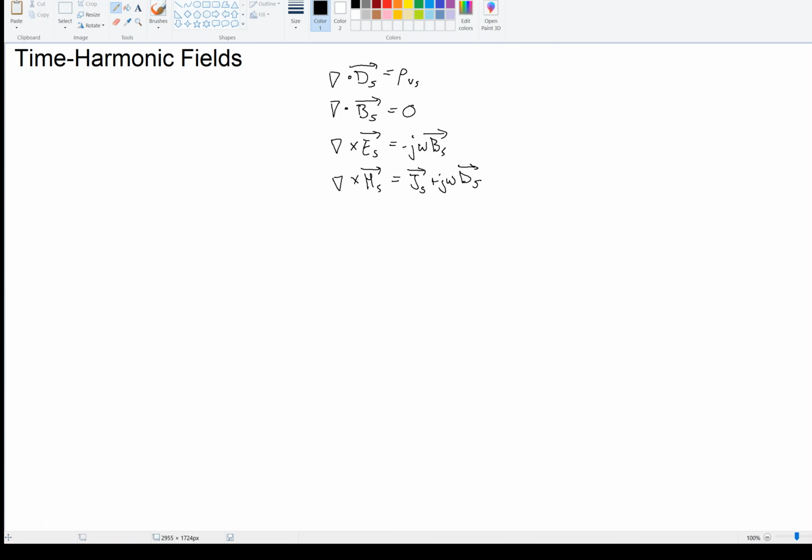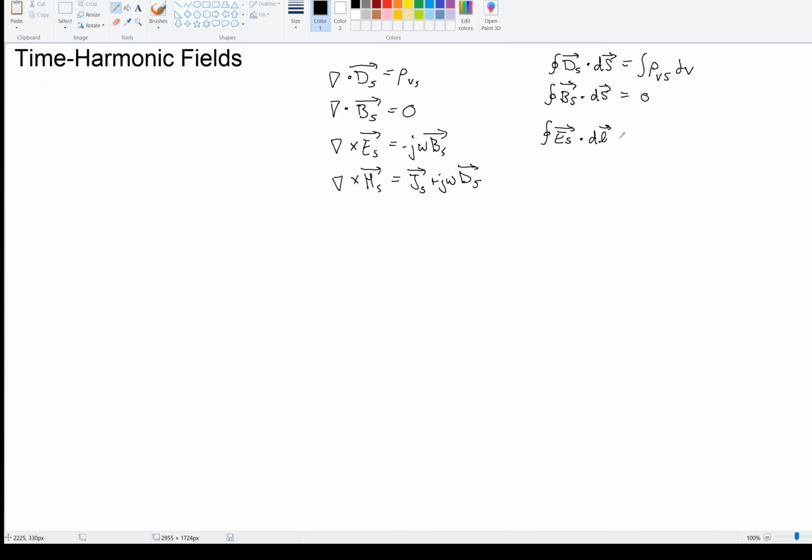In integral form, remember that we can also write Maxwell's equations in integral form. We would have the following. This, and Gauss's law for magnetism, like that.